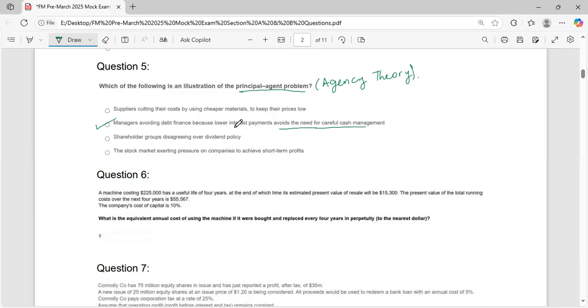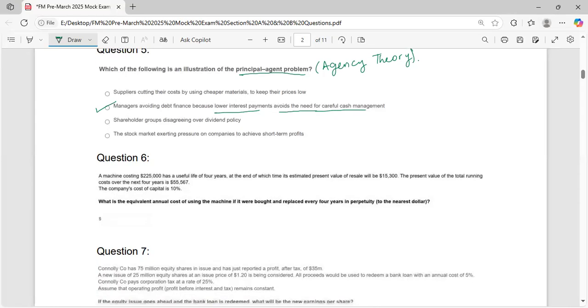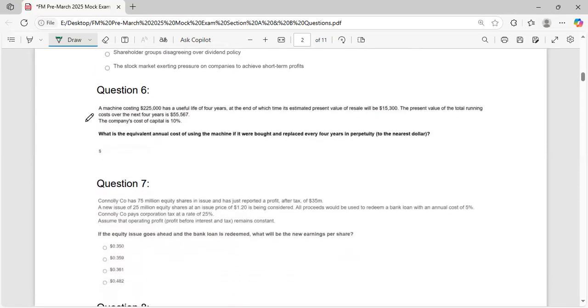When we have low interest payment, we will be able to settle if we are managing our cash on a regular or daily basis. No significant cash adjustment or management is needed.